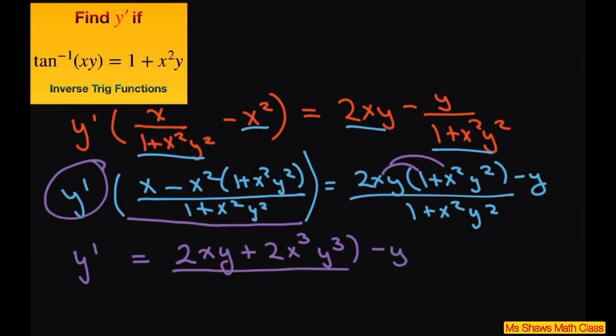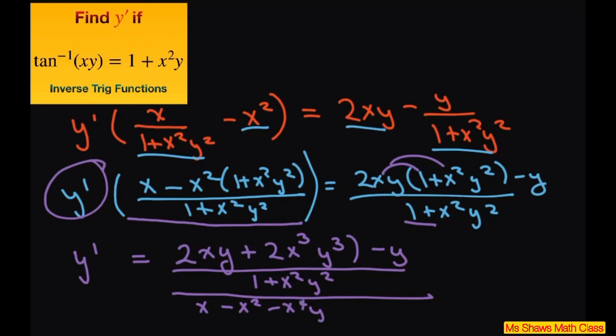And then we have divided by our denominator. And then we're dividing by this. So this is going to be x, and I'm going to be running out of room, minus x squared minus x to the fourth y to the fourth, all divided by our common denominator, which is 1 plus x squared y squared. So this cancels out.